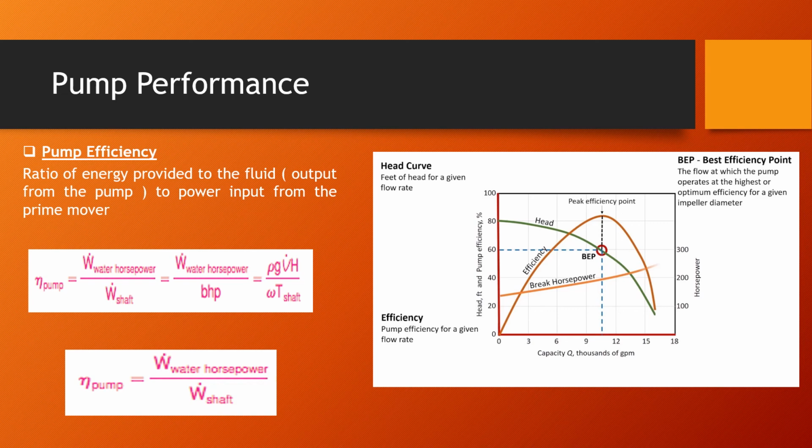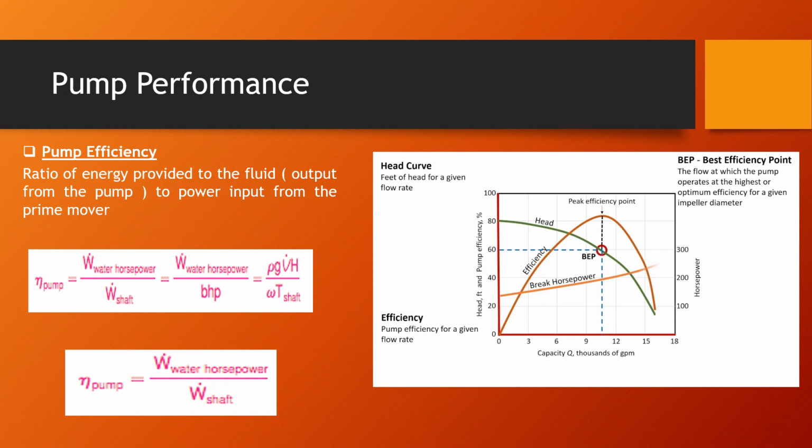Now if you look into the efficiency curve, you could see that the efficiency starts increasing with discharge rate. Well, that is because you'd have more water going out, so you're imparting more of your energy to the fluid.